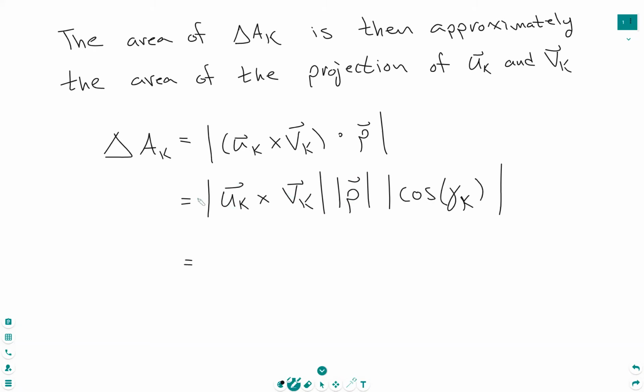This here, we already said, was approximately the surface area. And then all that's left is the cosine of this angle, gamma k. Okay, so the idea is we need to figure out what this thing is, because this directly impacts the relationship between the area and the surface area.